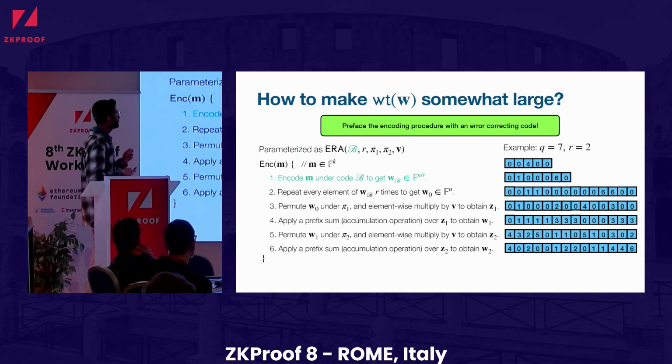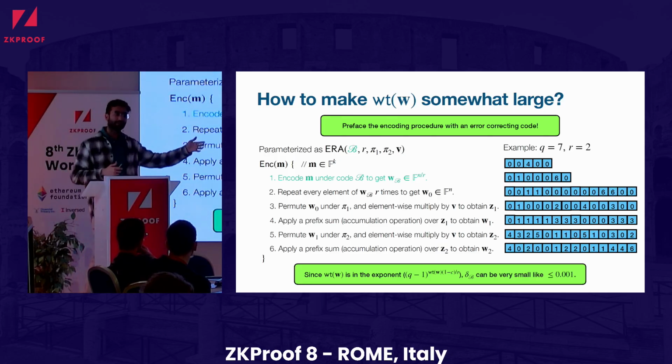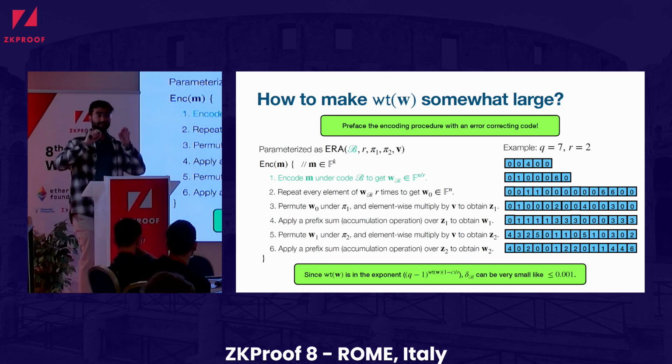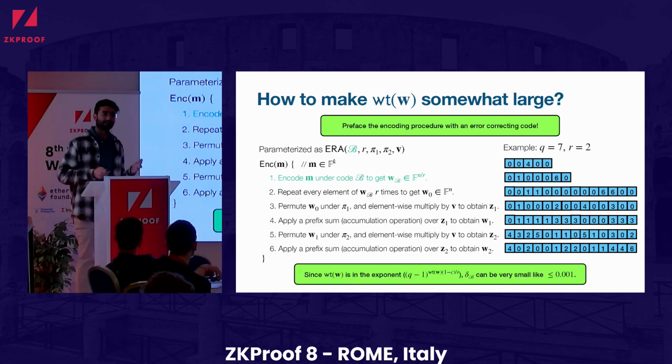And now this is also why the distance of this base code B can be very small. Like in the table that we saw, we were using values like 0.001. And the reason it's that small is because this distance shows up in the exponent of the field size. So you don't actually need it to be very large for the probability to become very small.